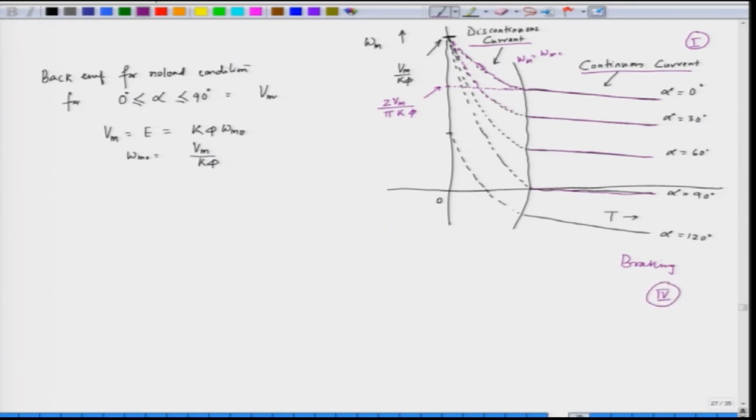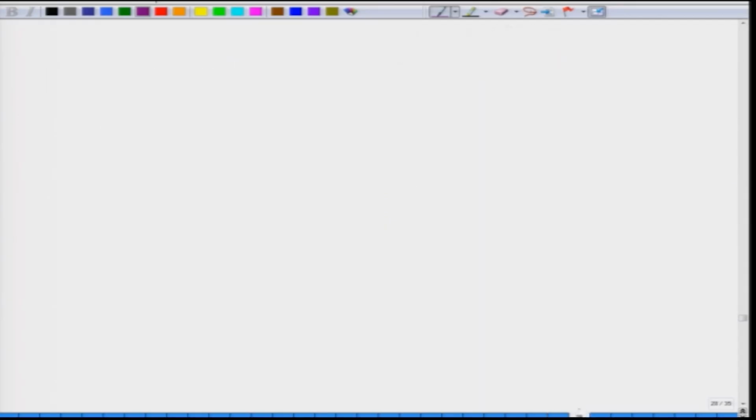Now, let us see how we go for braking with a full control converter. Let us see that we have a full control converter, which is shown by a block here, and this is supplying a motor load: resistance, inductance and back EMF.